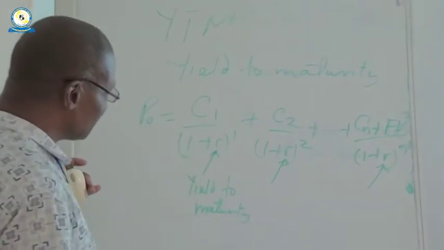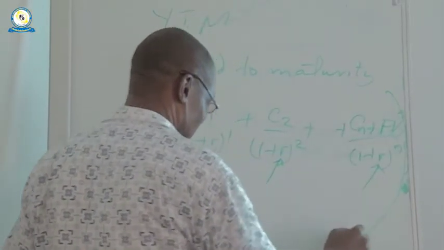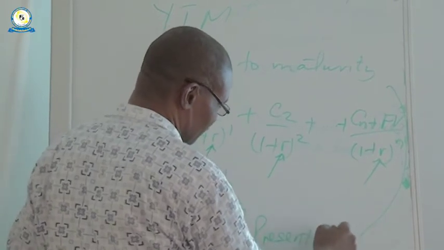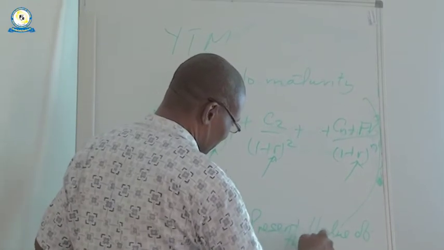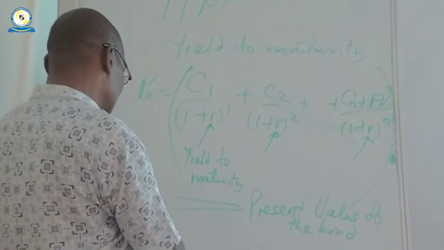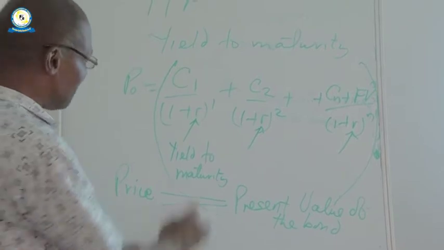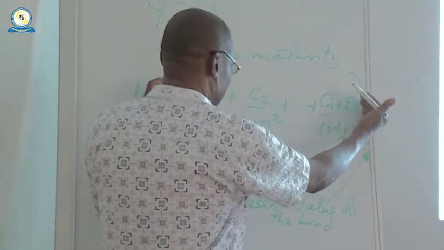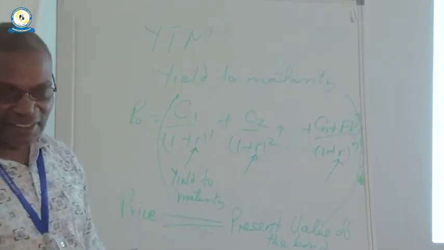It is the rate of return which makes this side, the present value of the bond, equal to the price according to our definition.